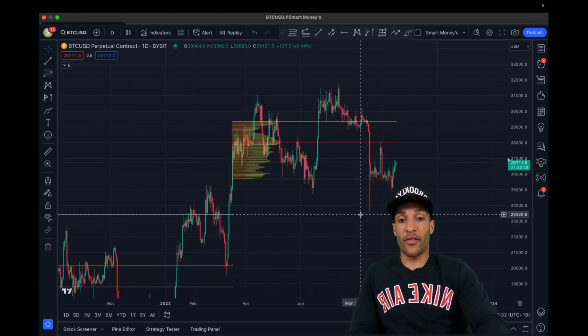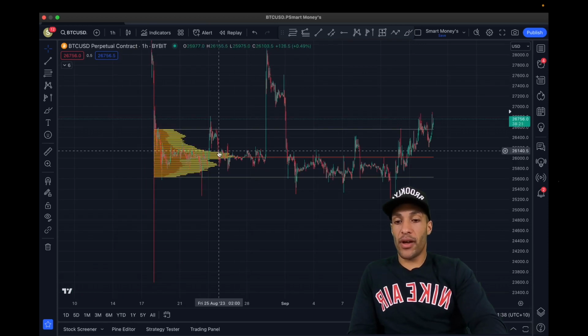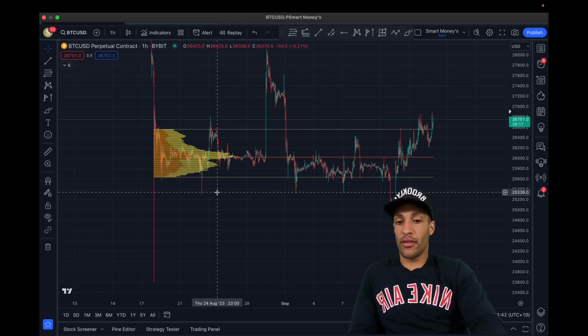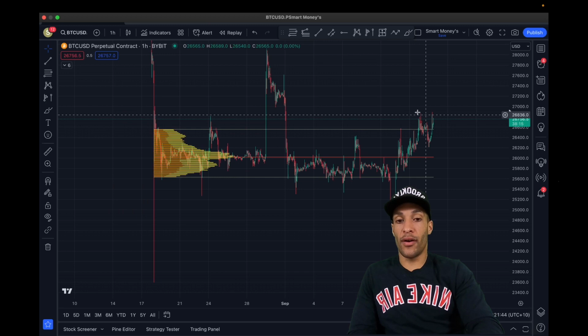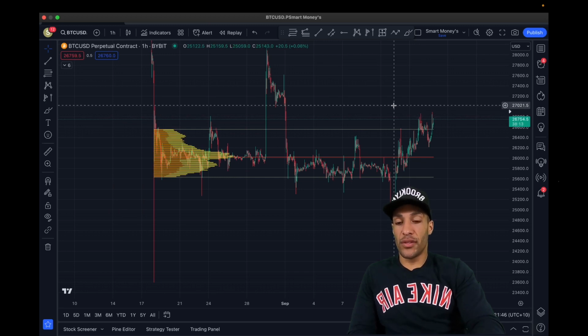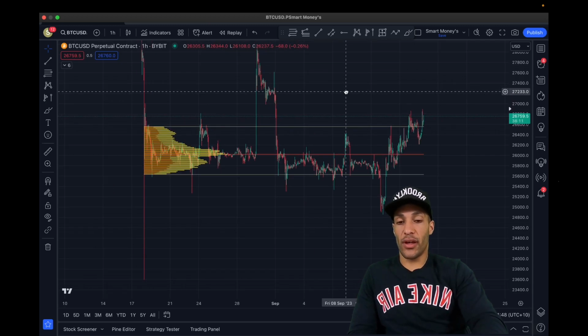The great thing about the volume profile tool is it works on both higher and lower time frames. So if we zoom in here, when price comes down to the value area low, you can already be thinking in your mind that you want to be looking for longs. Now, when you start adding in other confluences, this can be extremely helpful.